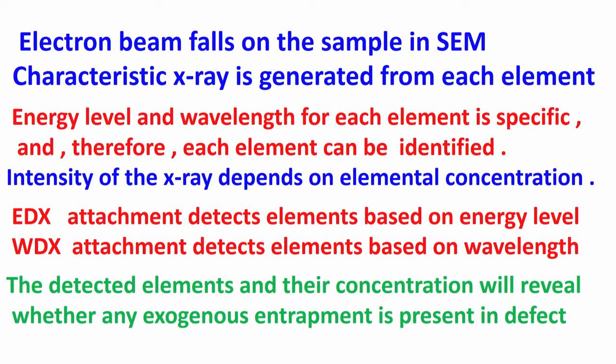Unlike an optical microscope, here the beam is of electrons; an electron beam is falling on the sample in the scanning electron microscope. So, what is the effect of the electron beam falling on the sample? First, you can see an electron image, and the depth of focus is quite better. So, even if the surface is not plane and has some undulations, like if there is a defect, there are different types of defects I have talked about.